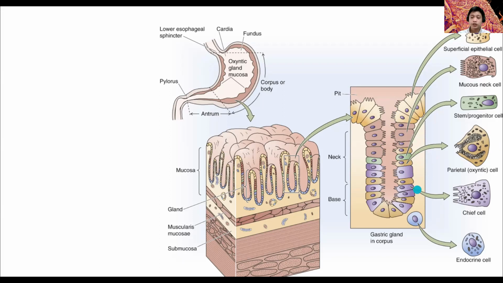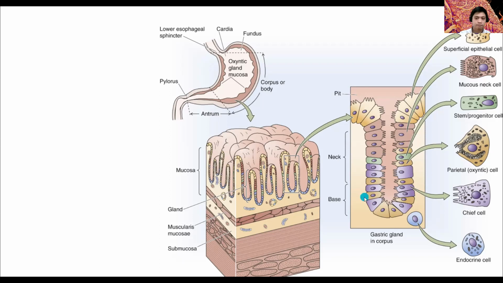The enzyme, particularly secreted by the chief cell of the gastric gland, is pepsinogen, and that pepsinogen is converted to pepsin, which is active and can already digest your protein, and that is activated by hydrochloric acid, which is secreted by your parietal cell. And lastly, you have endocrine cells, which will coordinate with the endocrine system.